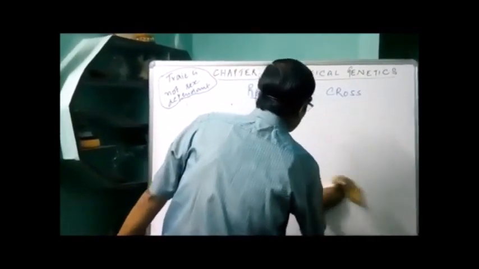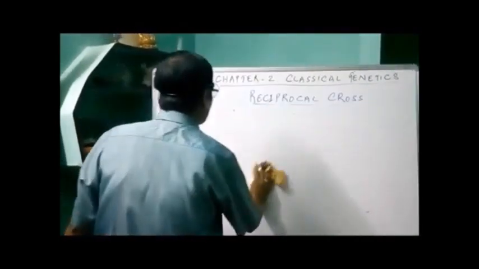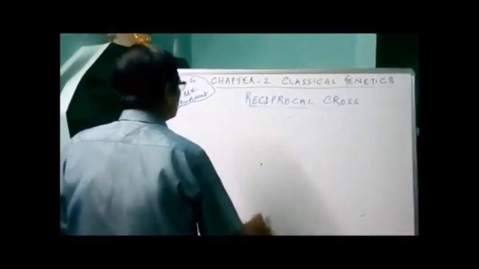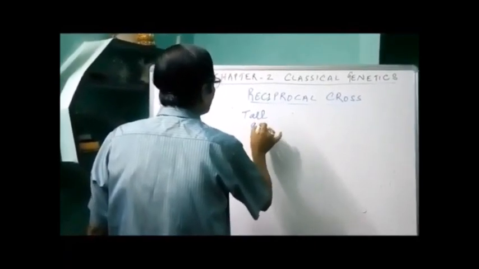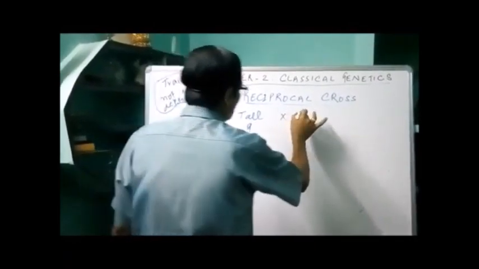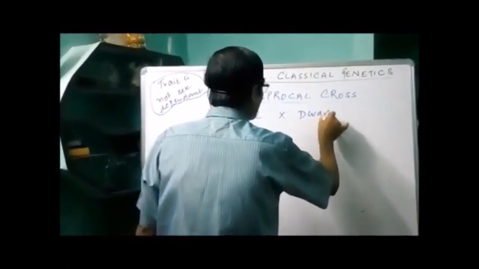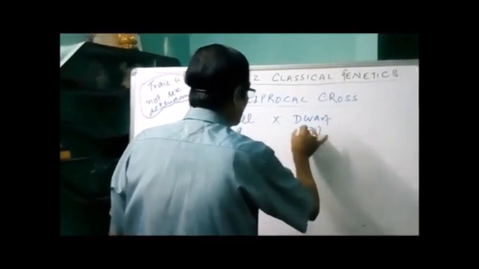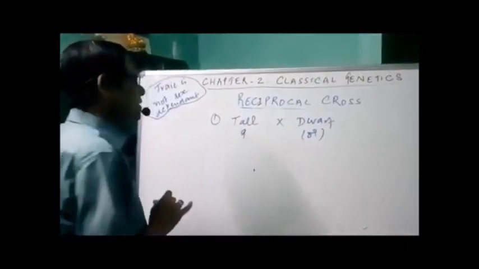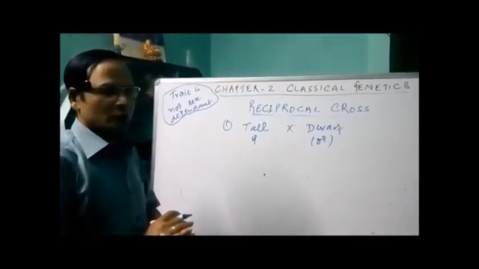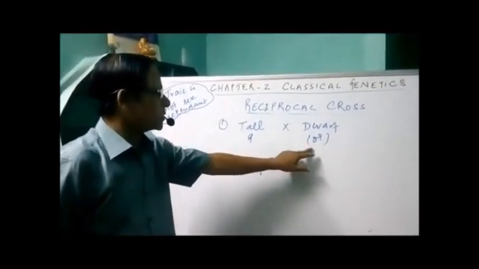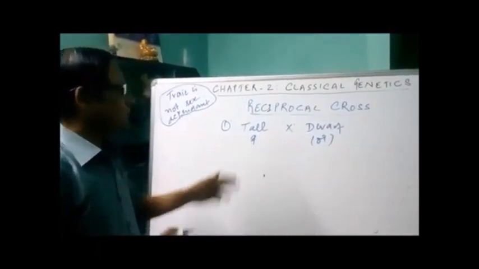So for the matings of one cross, tall he considered as a female, and dwarf he considered as a male. This is one cross. I'm using the board here because the pollen grains are transferred from the dwarf plant to the tall plant.